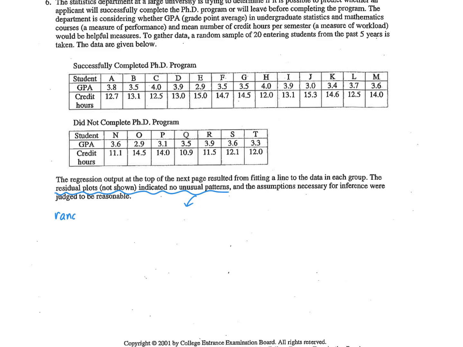Random residual plot, so maybe write this down. Random residual plot. We have a residual plot after our regression, after a line. So a random residual plot tells us that the line is a good fit to the data. That our line is a good fit.